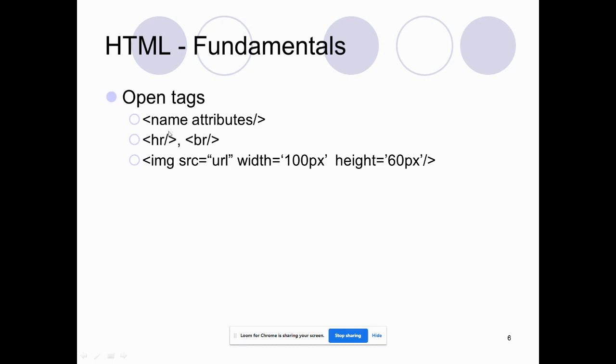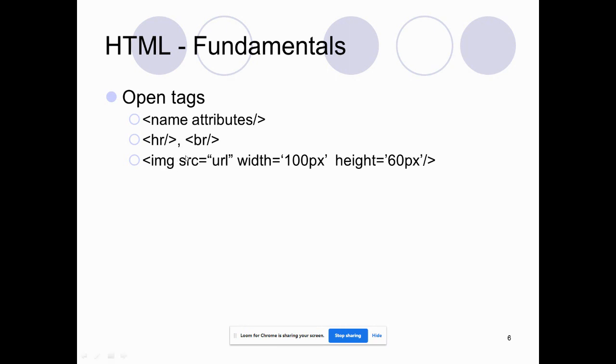Opening tag, for example, name, attributes. For example, title with the attribute, the name of the title. HR, BR: horizontal line and break. Image: this image tag is used to load the image into your document.